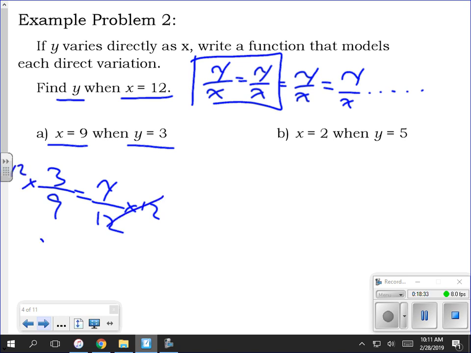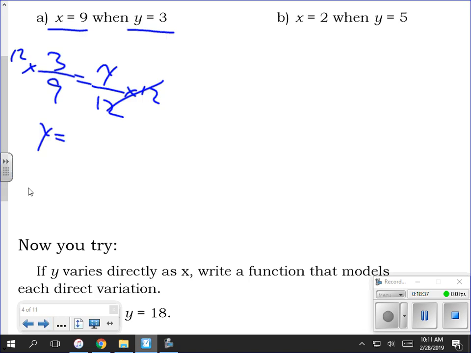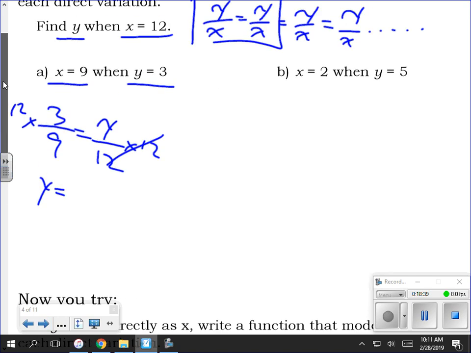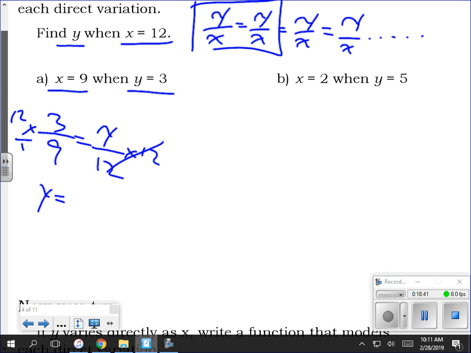Those cancel, and you get Y equals. And then I can cross cancel and reduce. 9, that goes 3 and 1 there. That one cancels there to give me 4. So Y equals 4. Not that big a deal. Okay. It'll work.